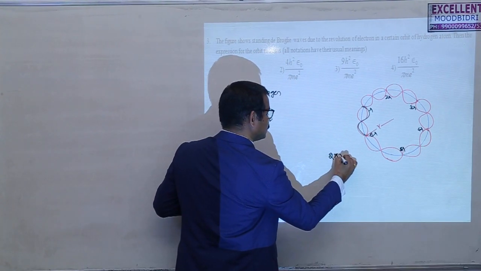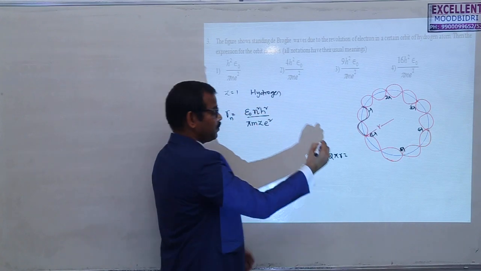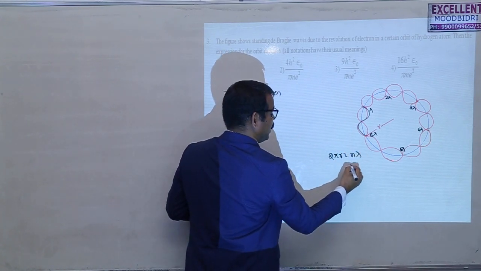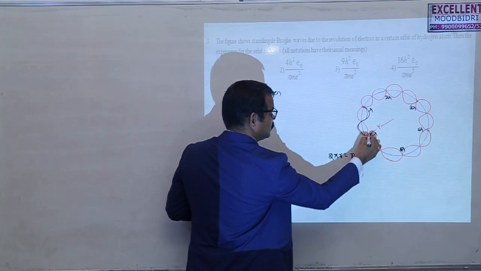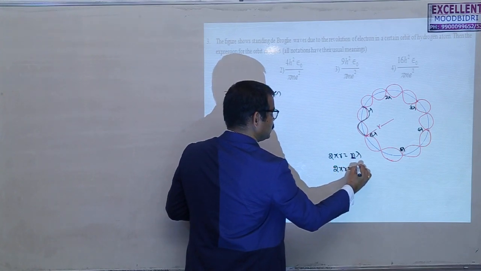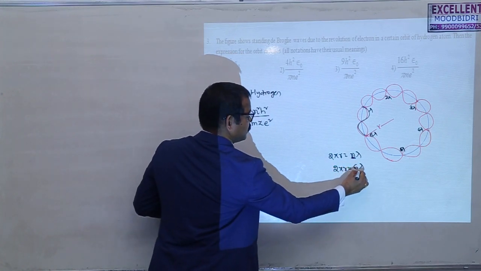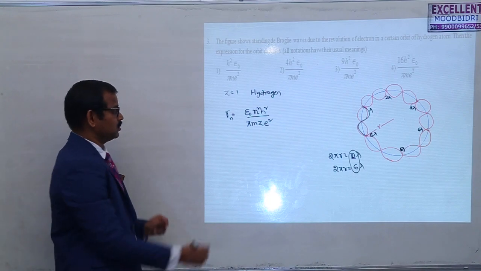The circumference of this circular path is given by n lambda, where n is equal to 6. So n is equal to 6.